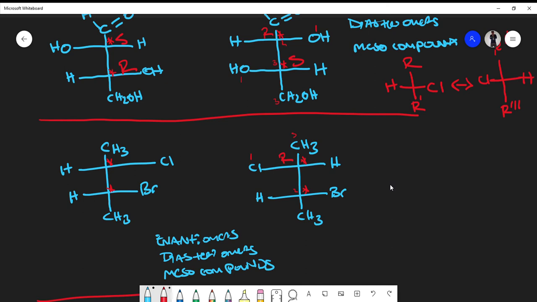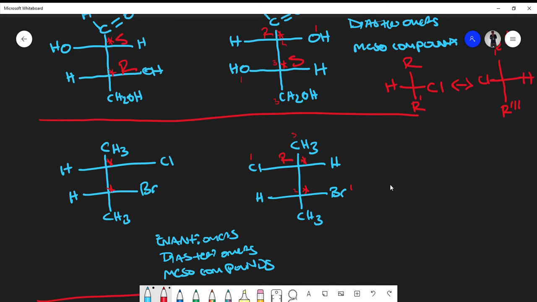Now, what would this be? If I go out 1 from this carbon, bromine will beat out both these carbons, so this will get number 1 priority. Now, I go out 1 here, I get a carbon. I go out 1 here, I get a carbon. So that would be a tie. I then have to go to the next heaviest atom.